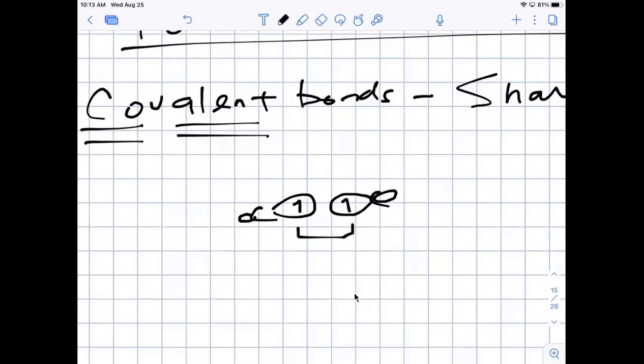Remember, we talked about valence bond theory, where two valence shells come close enough to overlap and share electrons. And so now you get a bond between the two carbons, where the two lobes overlap with the electrons.